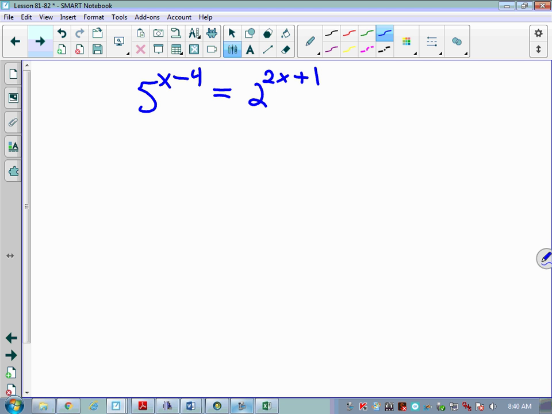I showed this to the other class the other day: all the standard numbers we see on a normal basis are in log base 10. What we don't see in front of that 5 is log base 10. So we can write that as log 5 to the x minus 4 equals log 2 to the 2x plus 1.